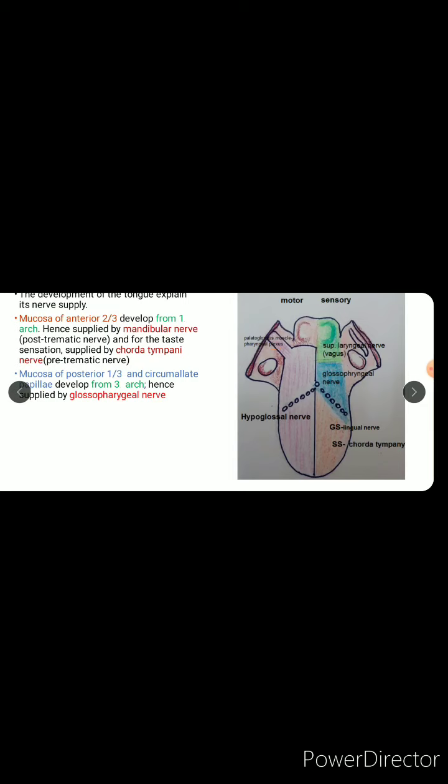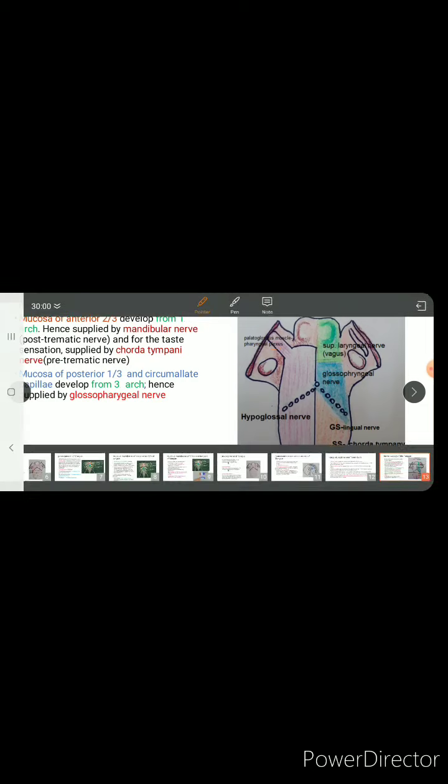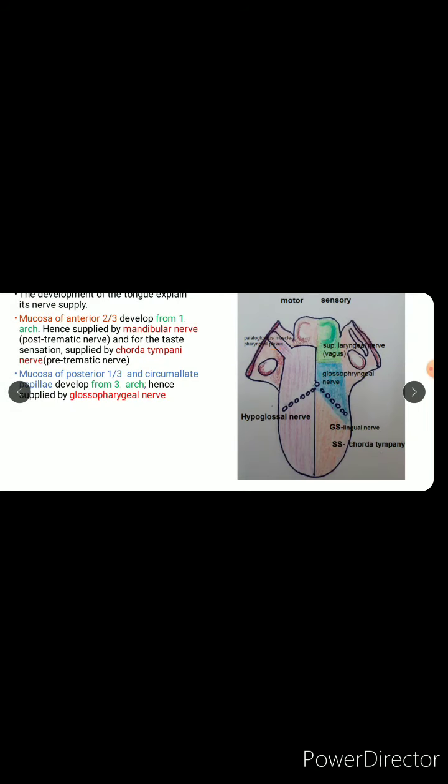Now, the anterior 2/3 of the tongue, here, is derived from the first arch, that is the mandibular arch, and the nerves of the first arch are the mandibular nerve, that is the post-trematic nerve, and the chorda tympani nerve, that is the pre-trematic nerve of the first arch.